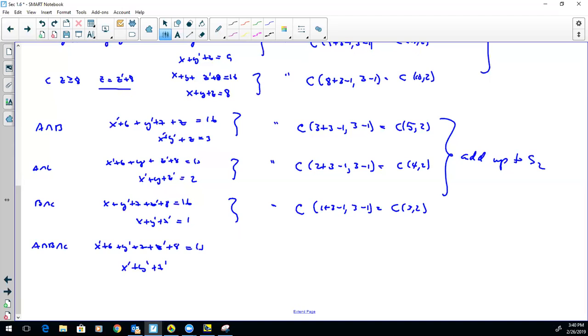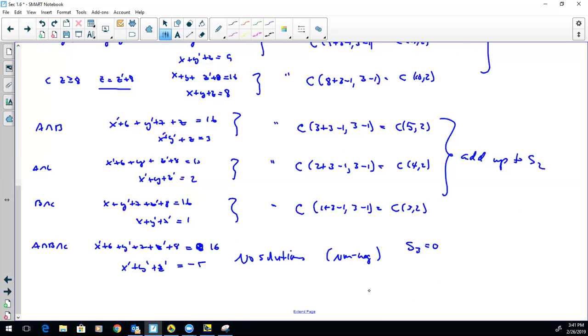So x prime plus y prime plus z prime is 16 minus 21, and this has no solutions. Remember, we're looking for non-negative numbers, so S3 equals 0.